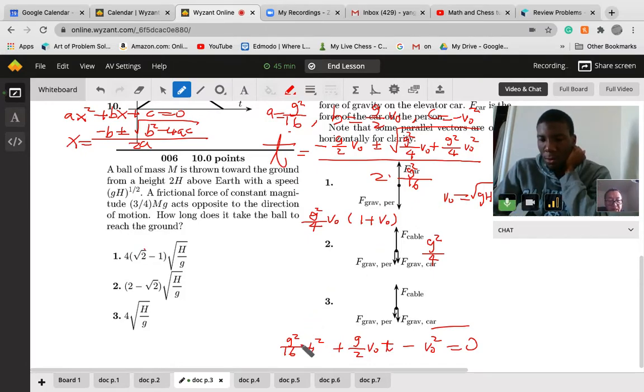Let's say both sides times 16, there will be t squared plus 8 times g, this will be g squared, and g times v0 times t, then minus v0 squared, this one will be 16. Yeah, this one will be 16.